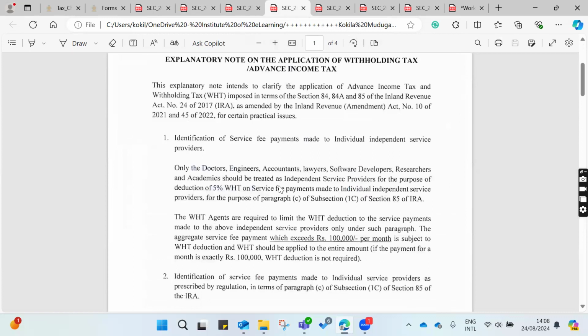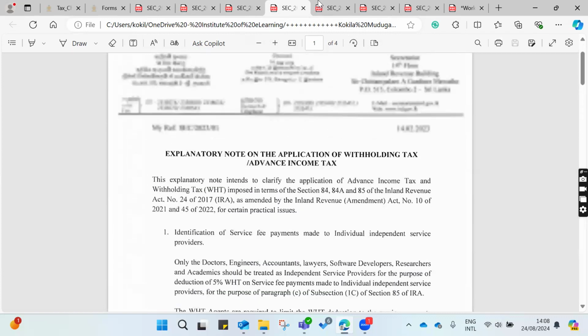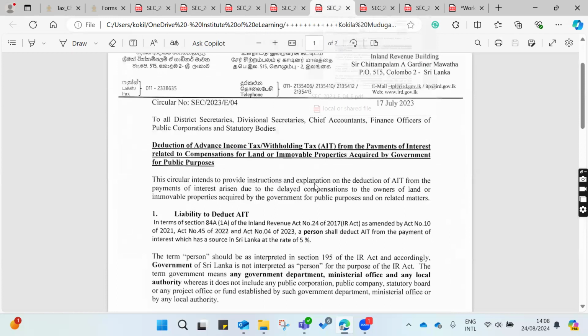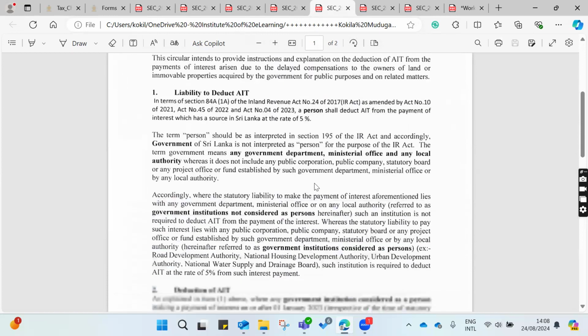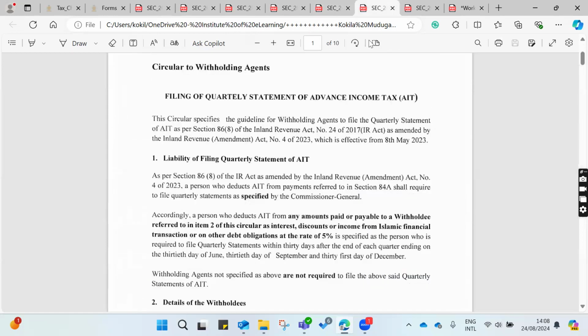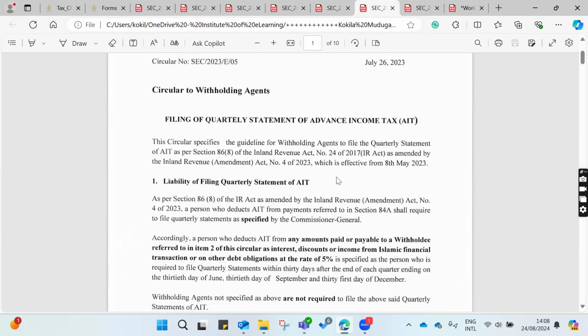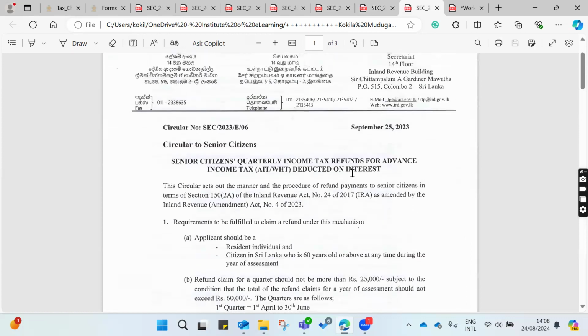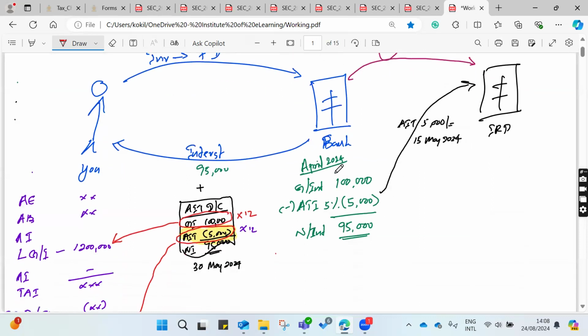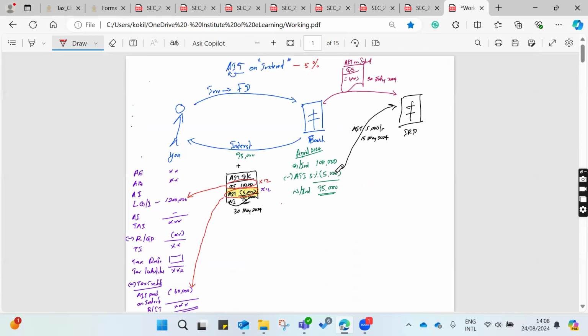Another circular is applicable for withholding tax and advance income tax, and another for all the government bodies and related parties. And this is what I showed you, Circular 5 and Circular 6 of 2023 for senior citizens. With this mind map, you can get a clear picture of how the 5% withholding tax on interest is applicable. It's easy for you to remember and see how the process goes.